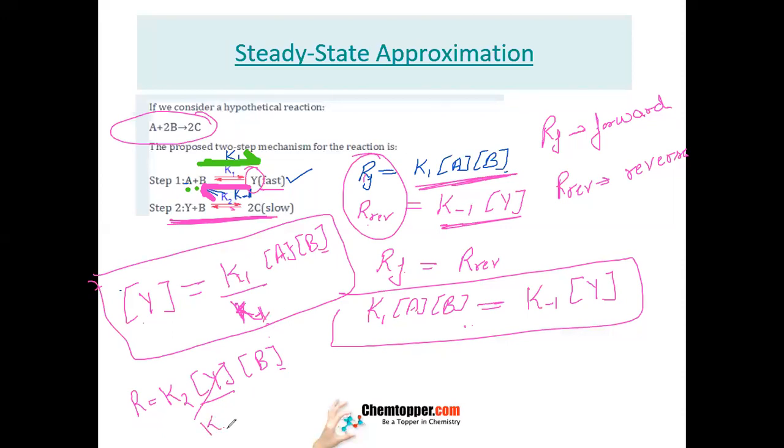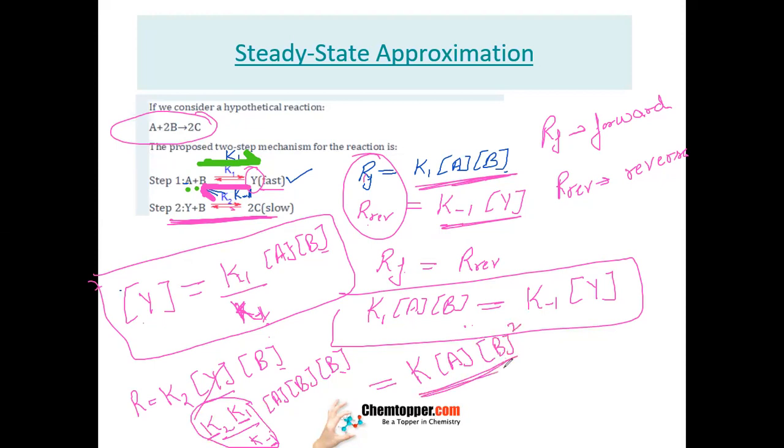So it is K2 K1 over K minus 1 times concentration of A, concentration of B, concentration of B. Now, all these are constant: the rate constant for the second step, for the forward direction, and for the reverse direction. All constants combine together to give you a new constant K, times the concentration of A times the concentration of B raised to power 2. That's the rate law which I derived earlier also.